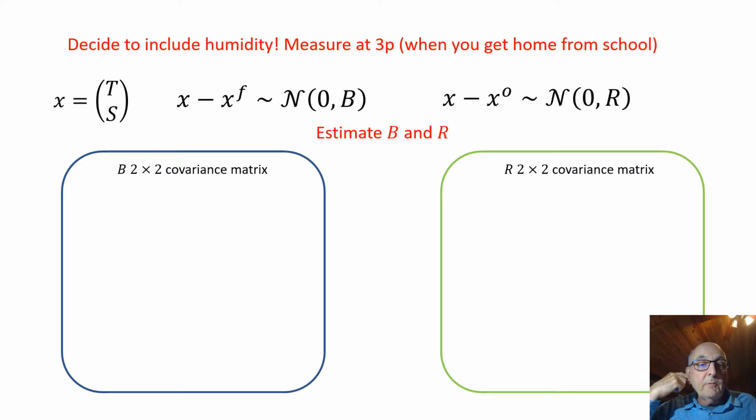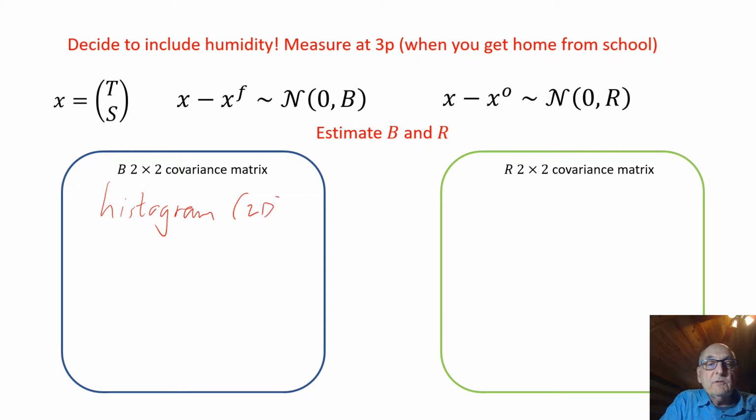Okay, well, you basically do the same thing as before, and you could imagine making a histogram, but now it is a histogram in two dimensions, right? Because there are two variables, you will have a histogram with base space being two-dimensional, and basically forming the variance in the same kind of way.